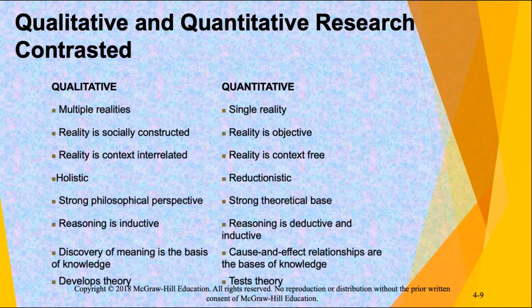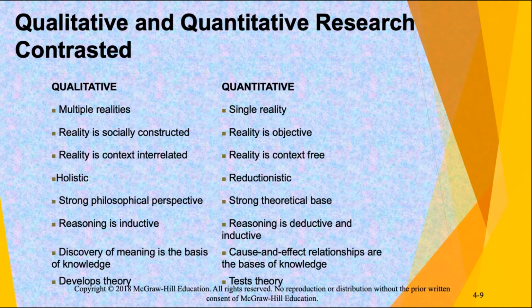Then discovering of meaning is the basis of knowledge in qualitative, because we don't know much about the phenomenon, we want to discover that. So this is the meaning. But in quantitative, mostly we would like to see the cause and effect relationship as the base of knowledge.